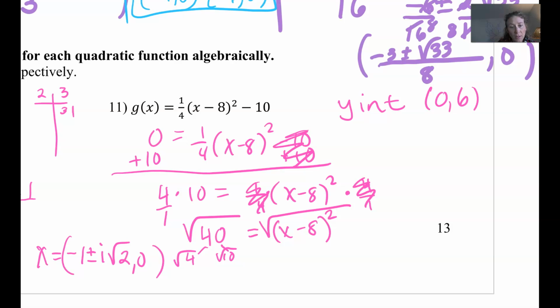And I'm going to remember to do the plus and minus. This is going to be plus and minus 2 root 10 is equal to, the square power now canceled out, and I have x minus 8. So I'm going to add the 8, and I add it to the front. And even though they're all even, I don't have to divide. So this is now my x-intercepts.